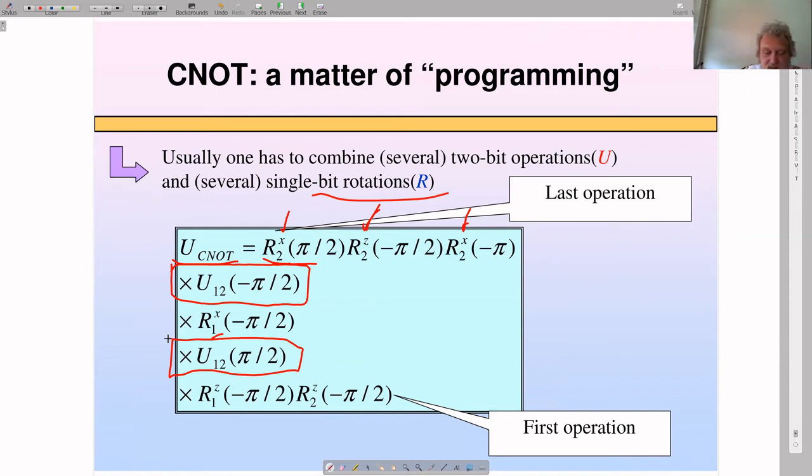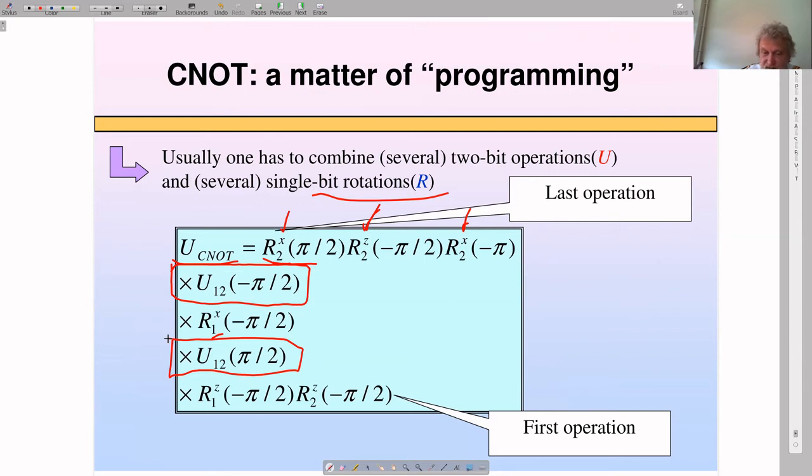And the result of all this matrix multiplication will be CNOT. So in fact, as is the case with a classical computer, you can do everything from everything. It's just a matter of programming.